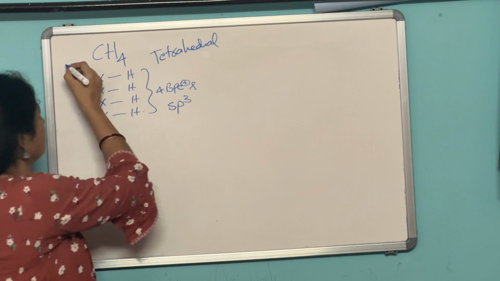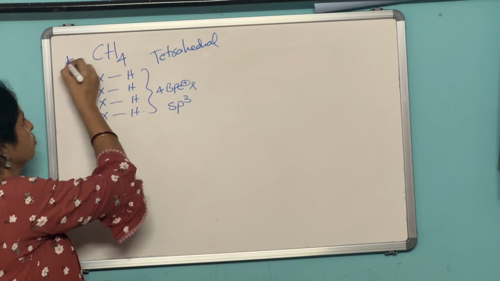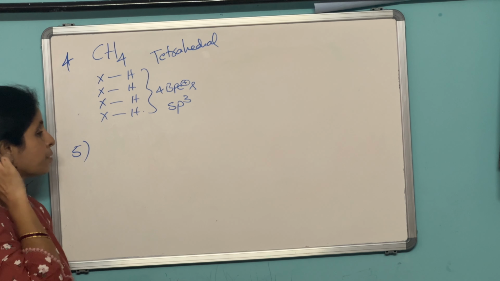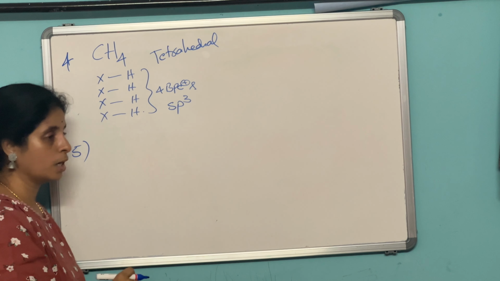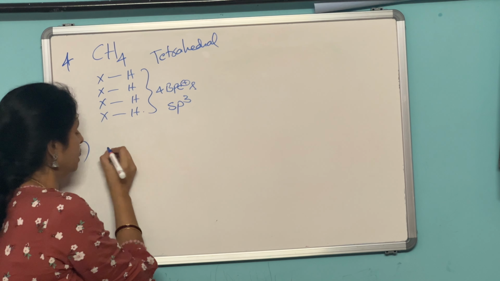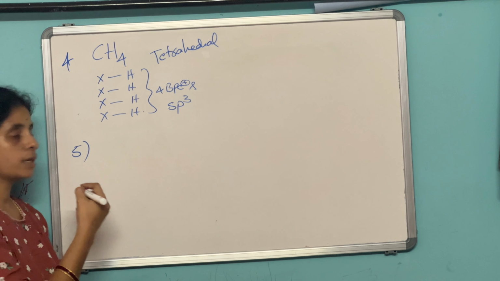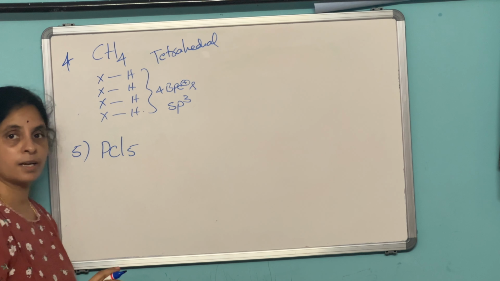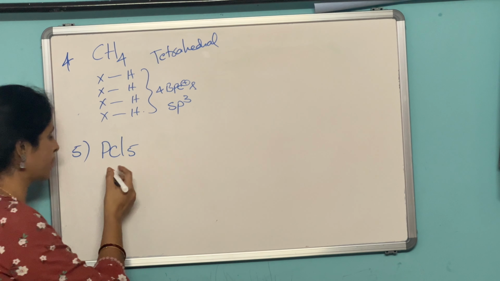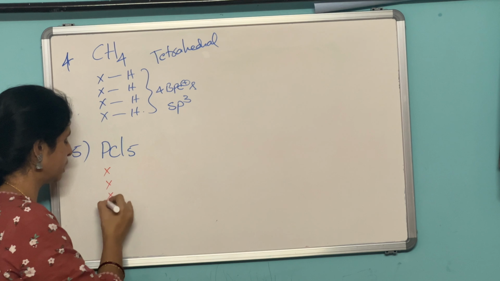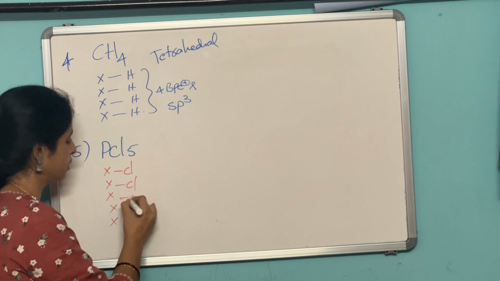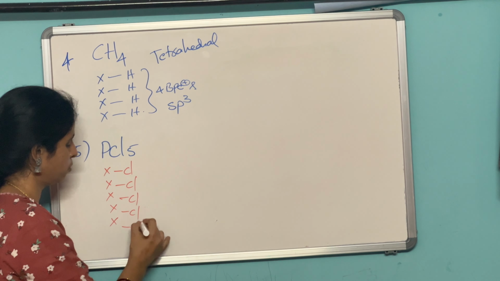Next, another example. This is the 4th or 5th example, whatever it may be. Next example, PCl5. Phosphorus belongs to the same 5th group, 1, 2, 3, 4, 5.